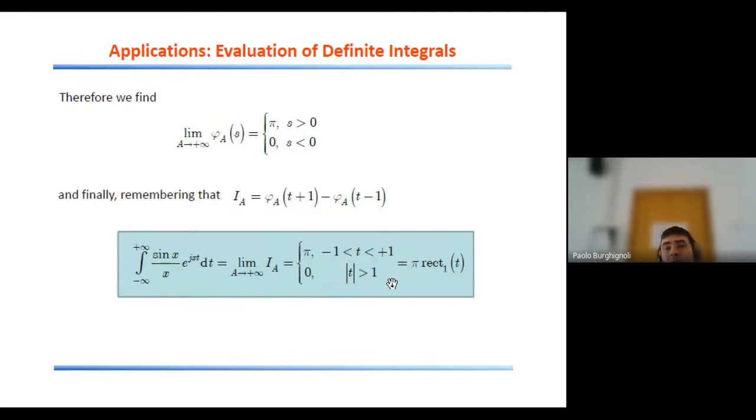So we have found what we know from Fourier analysis, that the Fourier transform of the sinc function is the rect function times pi. Okay.